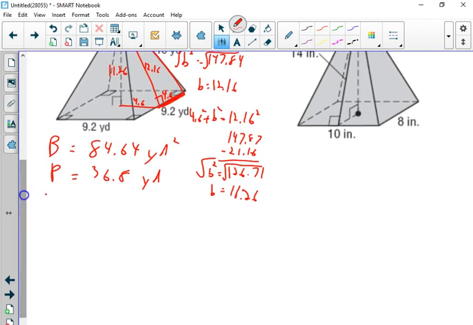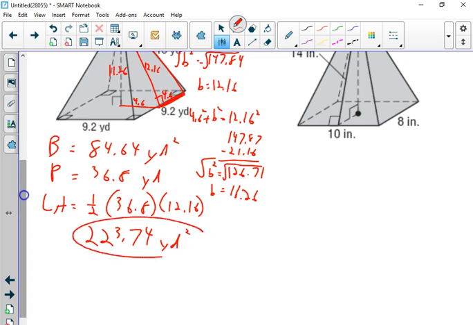So again, lateral area is 1/2 the perimeter, 36.8, times L, which is 12.16. So 0.5 times 36.8 times 12.16 is 223.74 square yards.